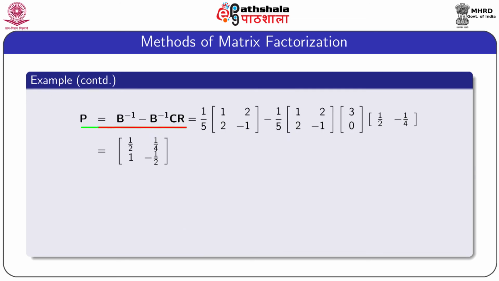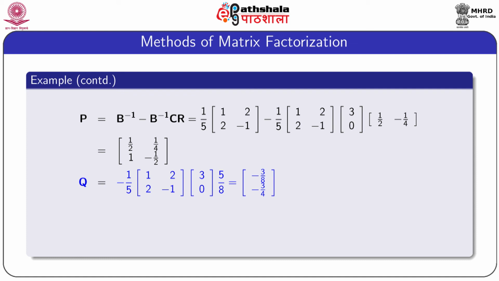Finally, the matrix P, which is equal to B inverse minus B inverse CR, after simplification we get as a 2 by 2 matrix whose first row is half and 1 by 4, and second row is 1 and minus half. The matrix Q is a column matrix whose elements are minus 3 by 8 and minus 3 by 4.